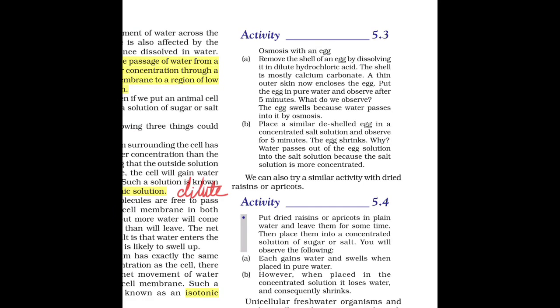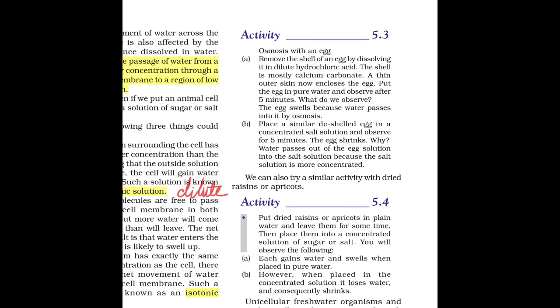What do we observe? The egg swells up because water passes into it by osmosis, meaning it is a hypotonic solution and osmosis occurs. Place a similar deshelled egg in a concentrated salt solution and observe for 5 minutes. The egg shrinks. Why?